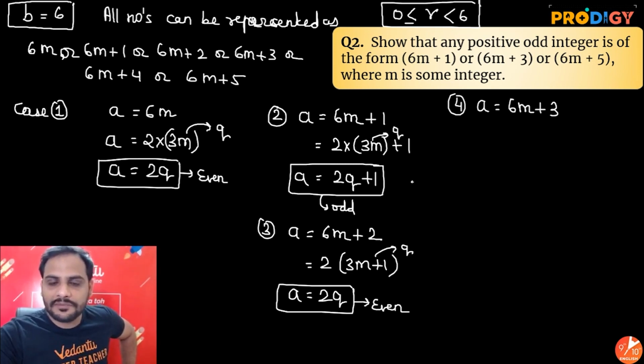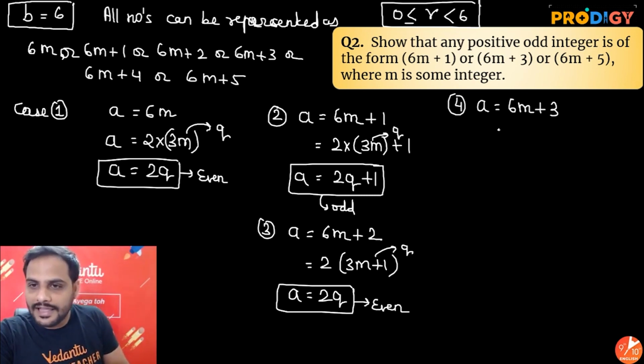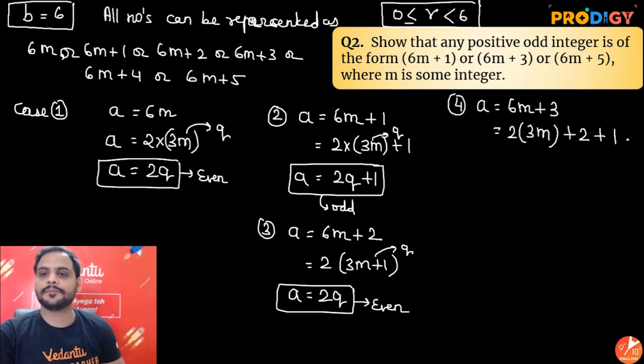So if you do the same thing which you have done in case 2, write 6m as 2 into 3m plus 3. So 2 into 3m plus 3 is odd, but I know the remainder cannot be more. So I will write 6m as 2 into 3m, yes. But since I know in the even or odd number form the remainder can be either 0 or 1 only, I will write this 3 as 2 plus 1.